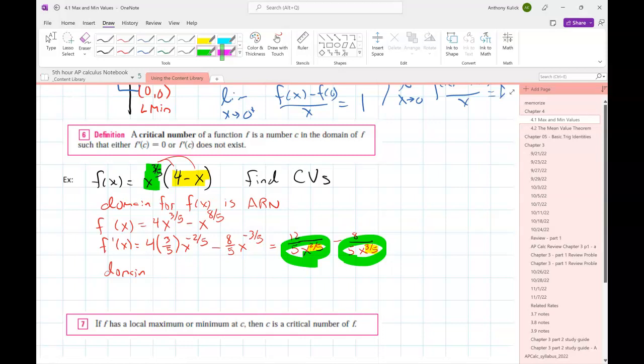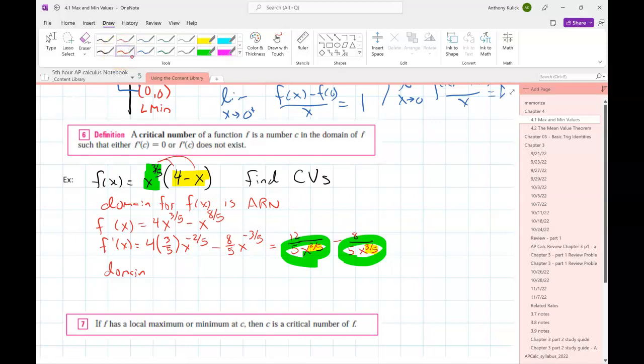I know a rational function is undefined whenever the denominator is 0. Well, I can tell by inspection that each fraction will have a 0 denominator when x is equal to 0, right? 0 to the 2/5 is 0, times 5 is 0, 12 over 0 is undefined. And likewise, 0 to the 3/5 is 0, 0 times 5 is 0, and 8 over 0 is also undefined.